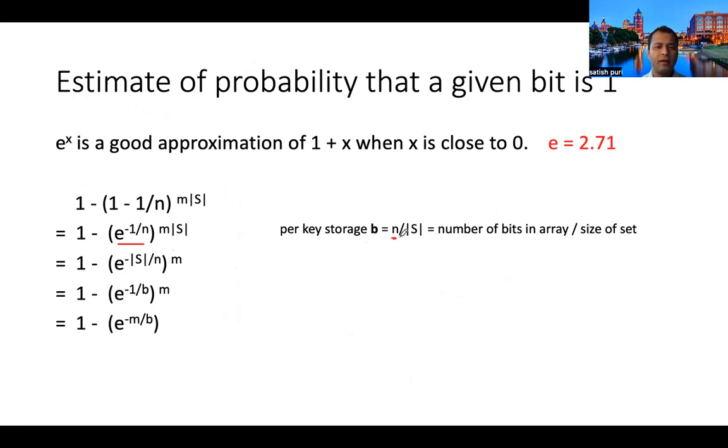So this n over s is the reciprocal, so we have s over n. So s over n is the reciprocal, and that's why it is 1 over b. And then 1 over b multiplied by m is m over b, right? This is a simplified formula.